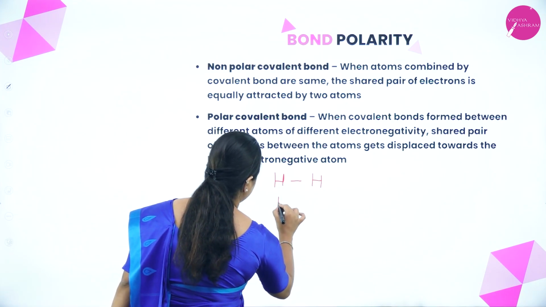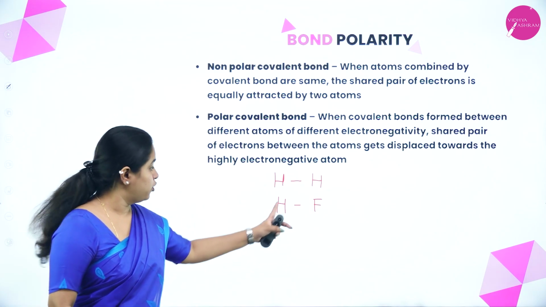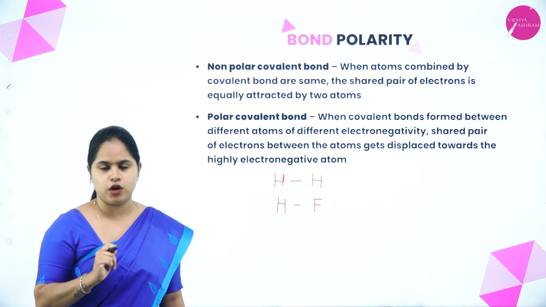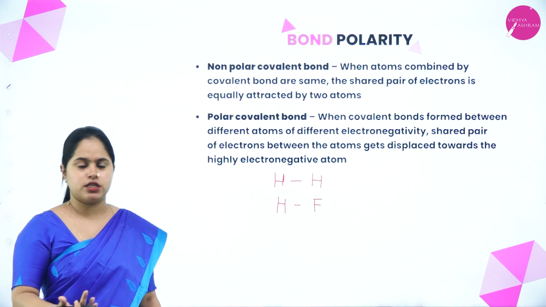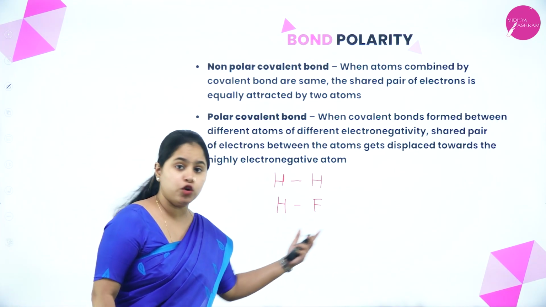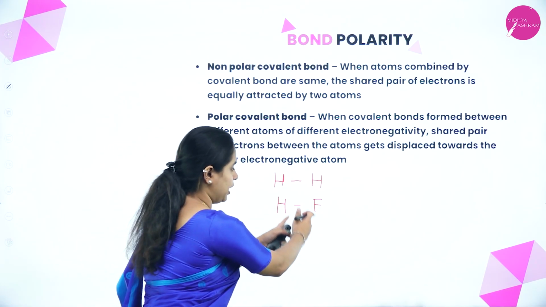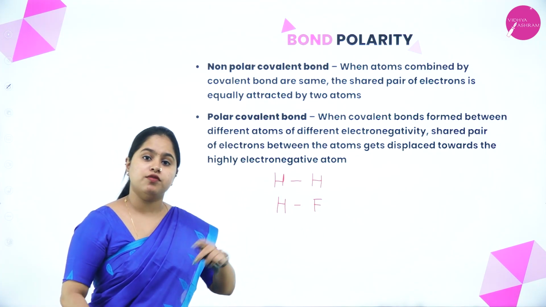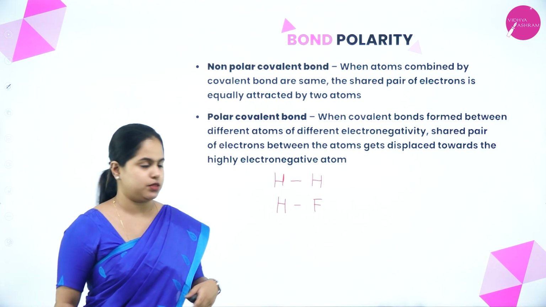Now let me say I'm taking a hydrogen atom and a fluorine atom. Fluorine needs one electron, and even hydrogen needs one electron, to complete their octet and duplet respectively. So they share the electrons. Now in this case, you can see the atoms are different, and fluorine is a more electronegative atom. So the shared pair of electrons will be attracted more towards the more electronegative atom.